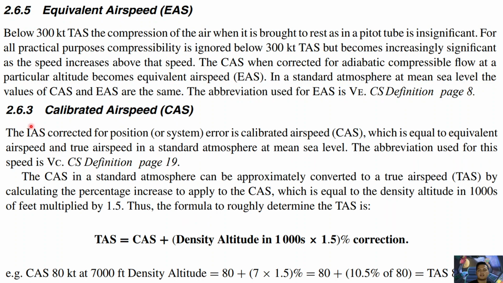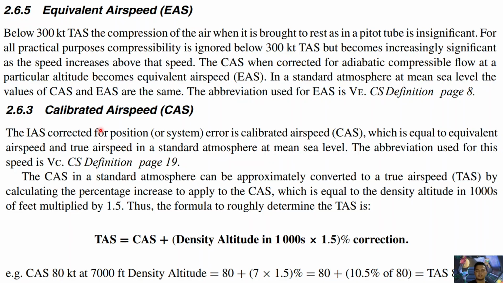Next naman is the calibrated airspeed. So, indicated airspeed corrected for position error is calibrated airspeed. So, ibig sabihin, yung calibrated airspeed is airspeed corrected for position error and instrument error na.